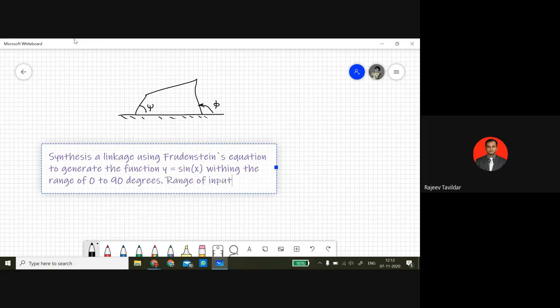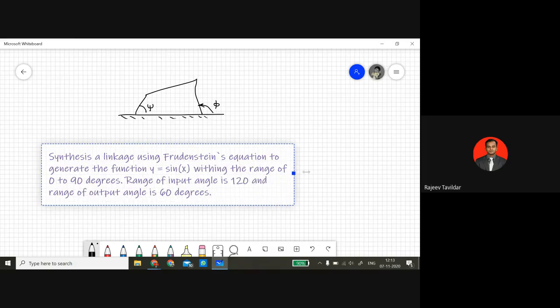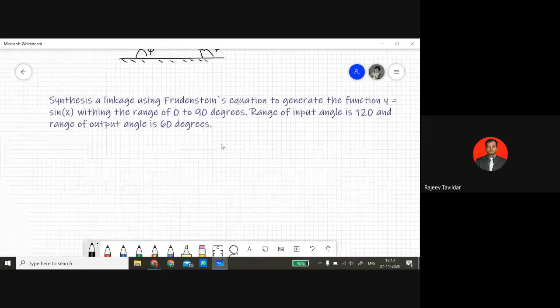Range of input angle is 120 degrees and range of output angle is 60 degrees. So this is the problem statement given to us.